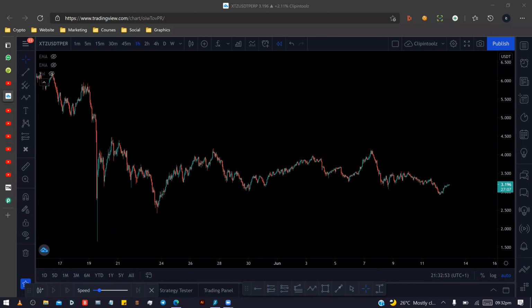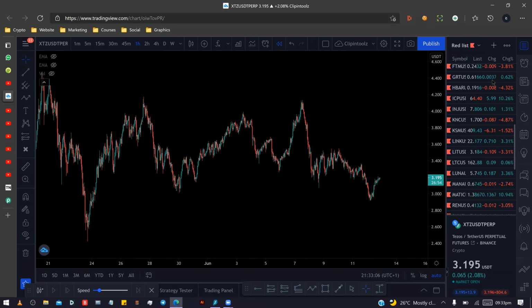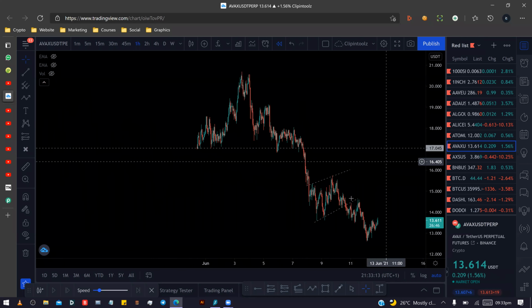How do you know which coins to do TA on? You can do TA on any coin you want. If you see my watch list, I have many coins I'm watching every day. I did TA for all of them, so that when the price reaches what I want, I can buy or sell.